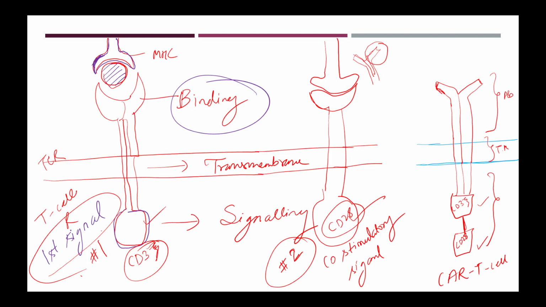Okay, so for the genetic modification, the genes encoding each of these portions have been fused together in a DNA, and that DNA is delivered via a dead virus into the T cells, and there it gets expressed on the surface of the T cells and becomes a modified CAR T cell.